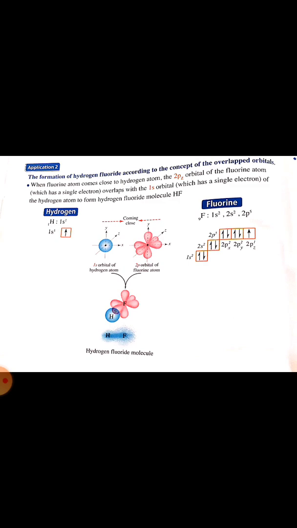So now there is an overlapping between 1s1 of hydrogen and 2pz1 of fluorine atoms to get the bond between hydrogen and fluorine atoms to form the hydrogen fluoride molecule, by overlapping these two orbitals together. That was the concept of overlapping.